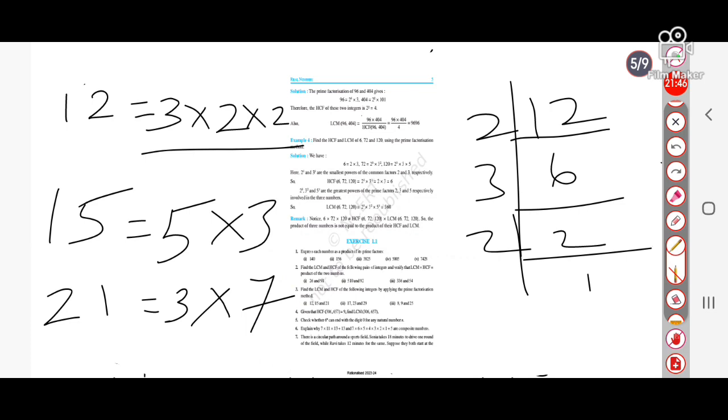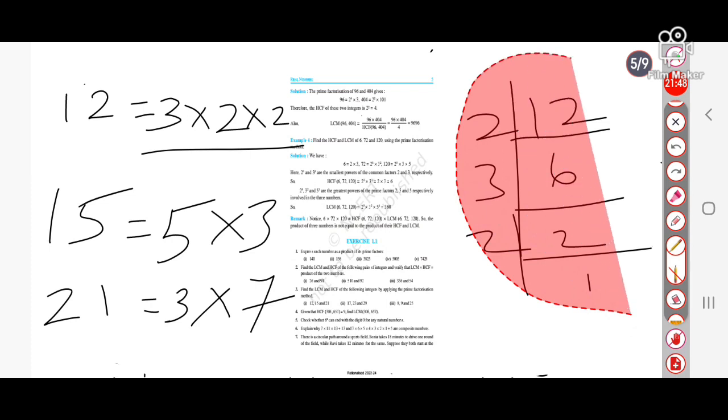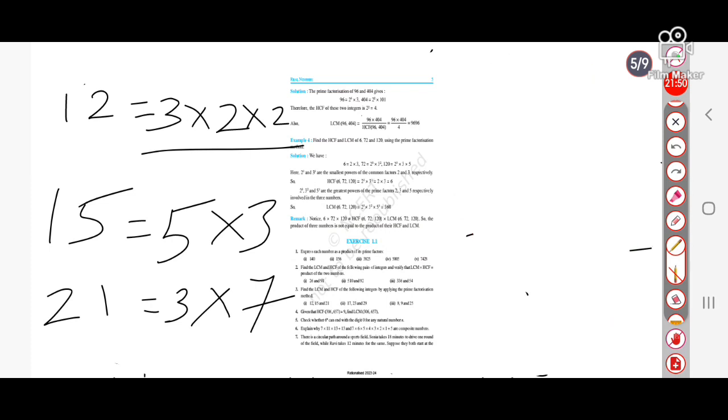Okay, now what they have asked us is to find the LCM and HCF of the following integers by applying the prime factorization method, right?